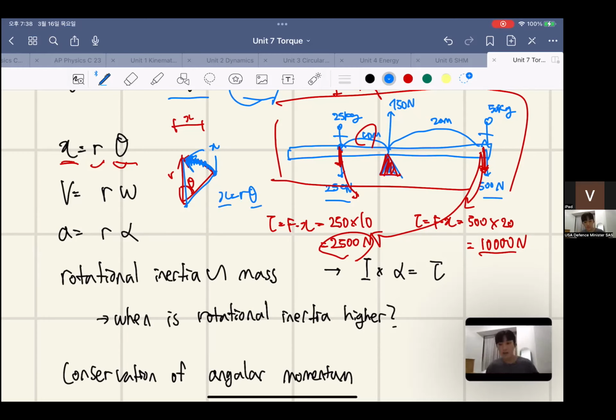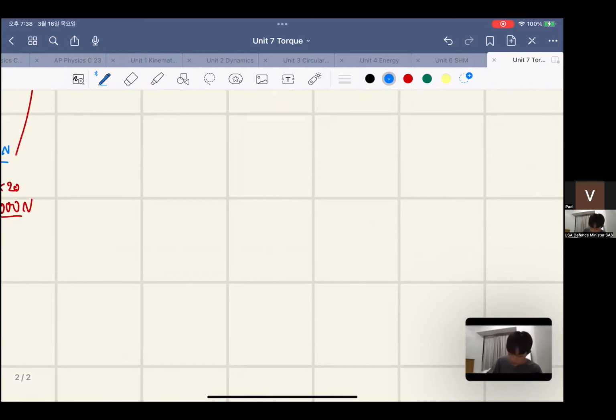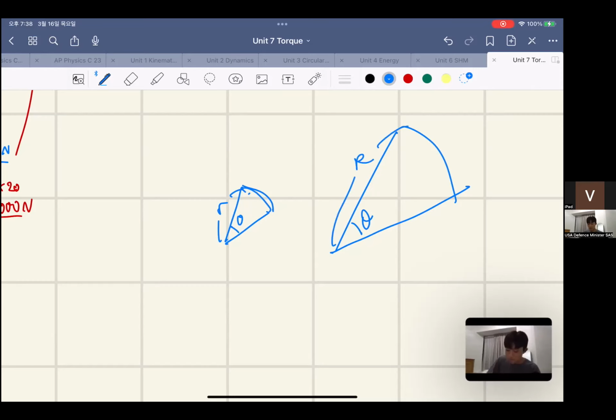Now, x, or displacement, is also proportional to r, or radius, because even if you move the same angle, if you move in the same angle with a greater radius, let's look at this image. Even if you move the same amount of angle, even if you move theta, if you move in a greater radius, then of course the literal curved distance that the object moves would also be greater because the radius is greater.